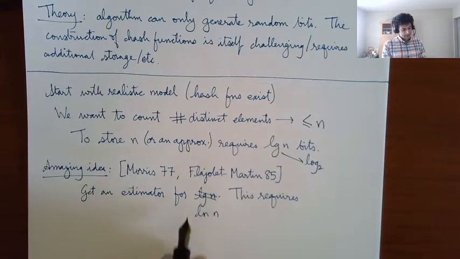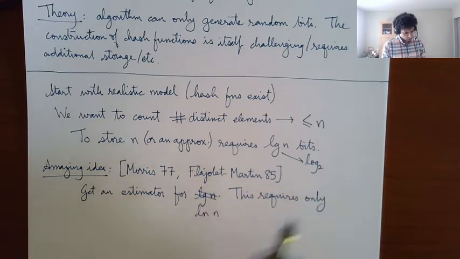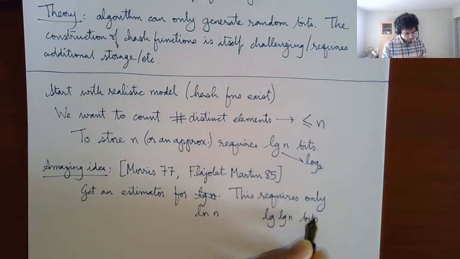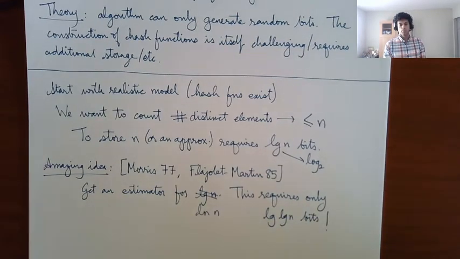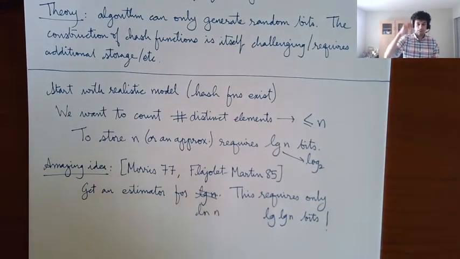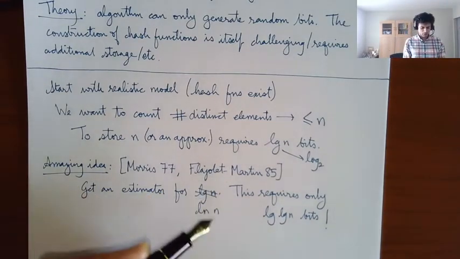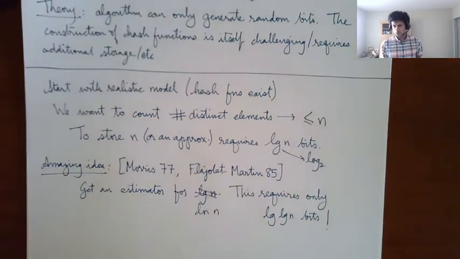Now, to get an estimator for log n, to store this requires only log of log n bits. Or I should say log of the natural log of n, but this is only going to add a constant. And again, this is important for the practical applications, but for now, let's just think of everything being log base 2 for simplicity.